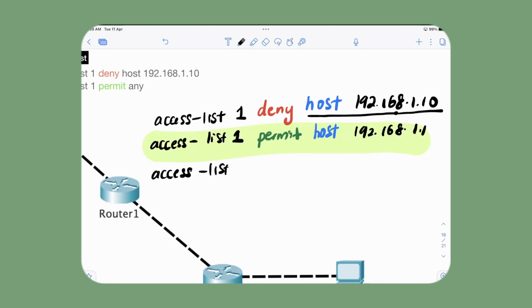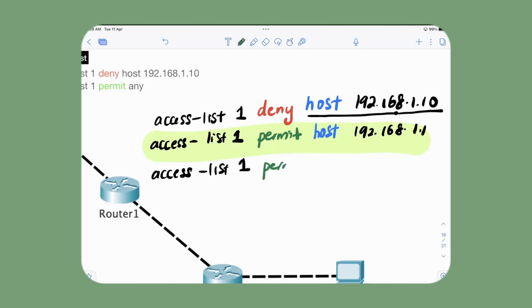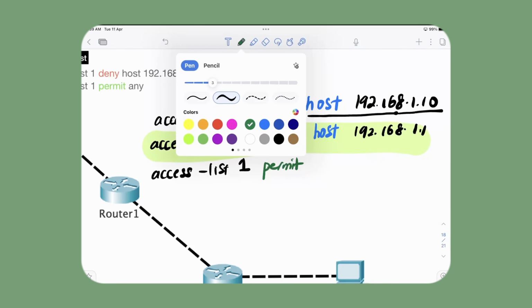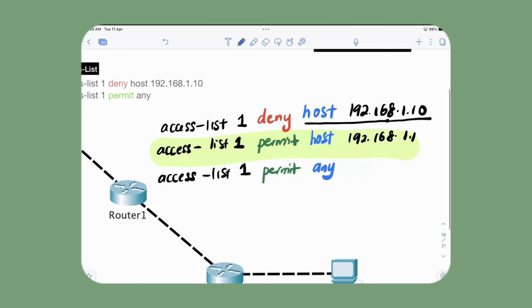Access list 1 permit. Now here, instead of putting in the host 192.168.1.1, which is for PC1, you can just use the keyword any. Which means that now, if I have this line here, any computer will be allowed.